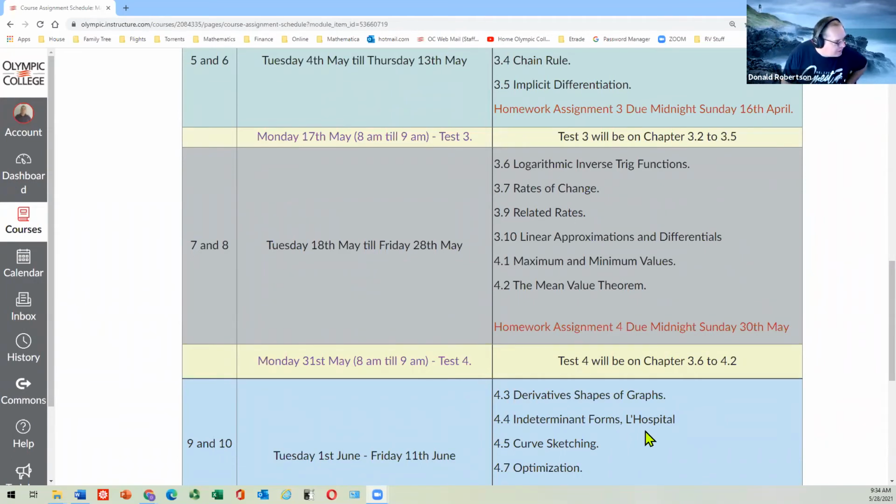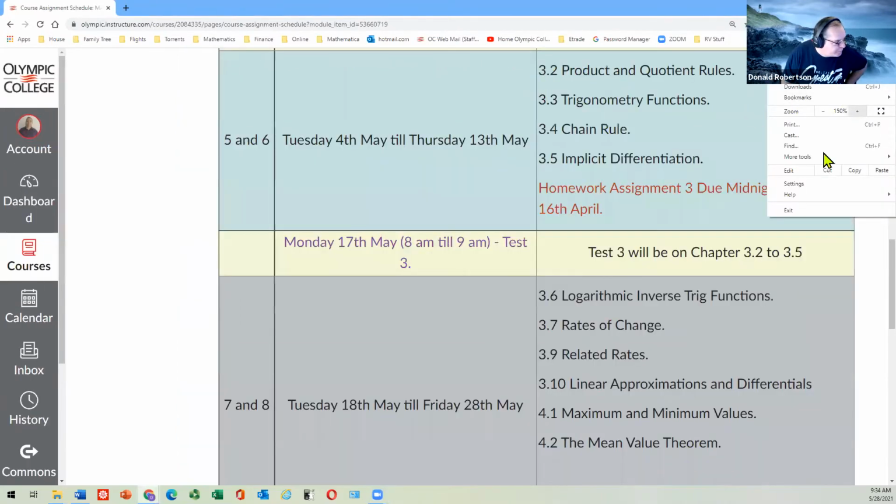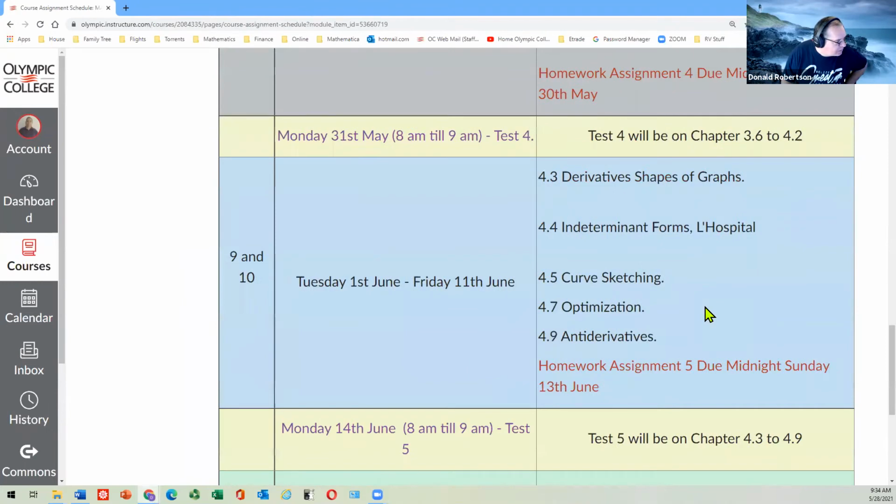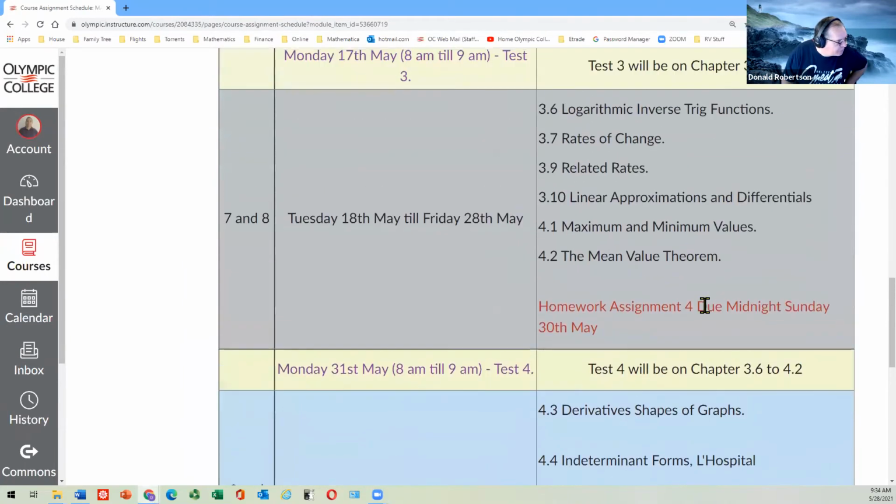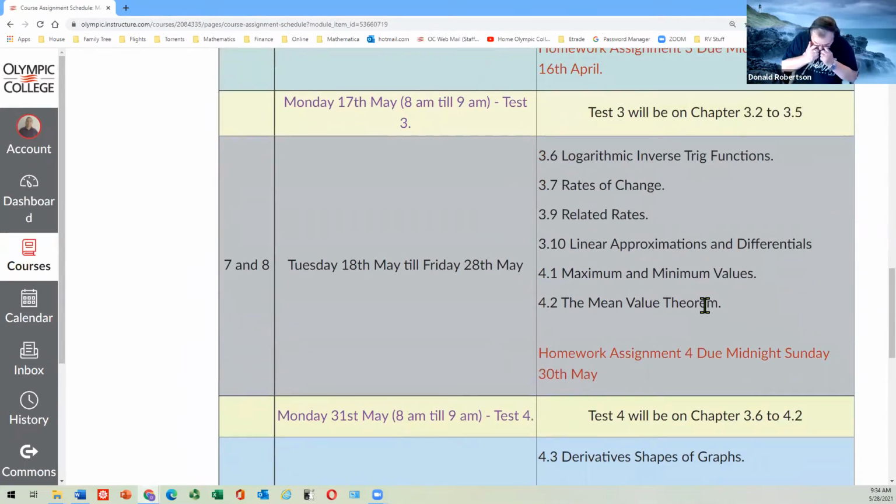What we're looking at here, if I make it just a little bit bigger, are the topics for test 4. There are 6 topics, but the test is only going to have 4 questions.